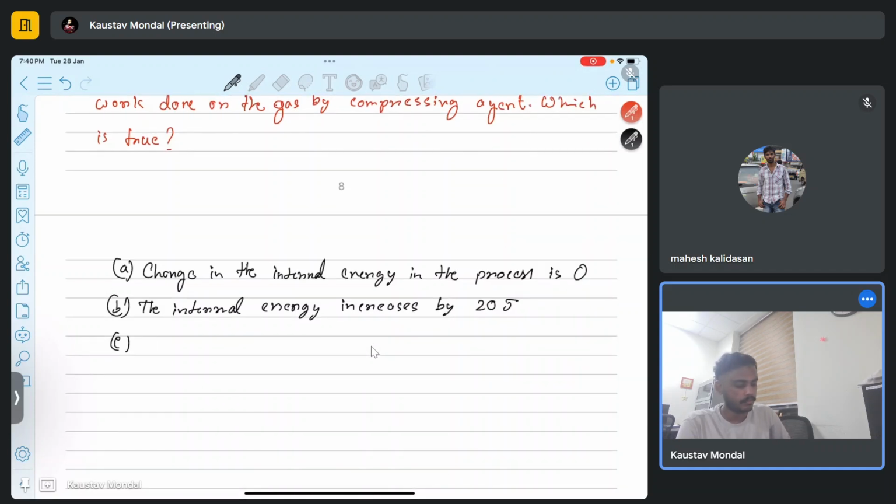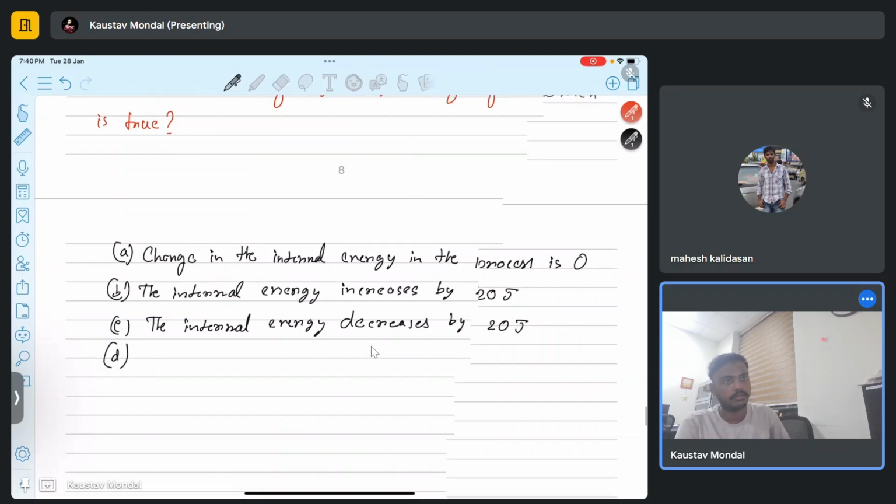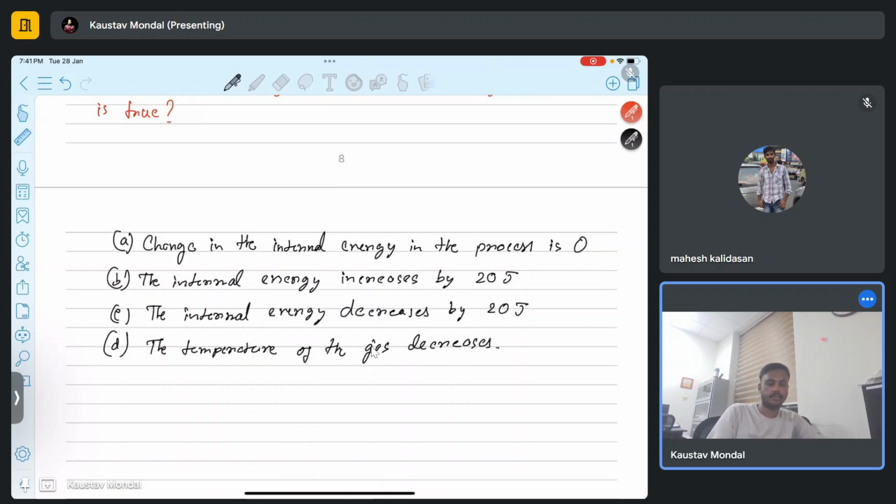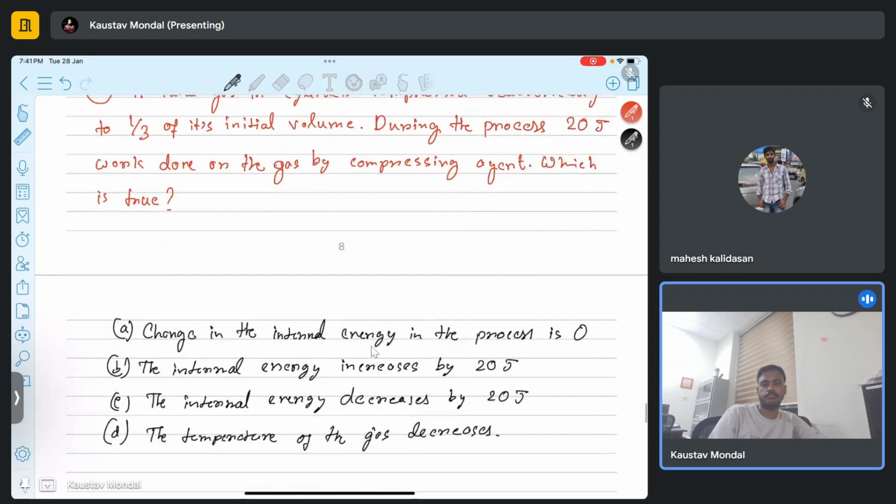Option C is internal energy decreases by 20 joule, and option D is the temperature of the gas decreases. So these are the four options that are given in the problem.